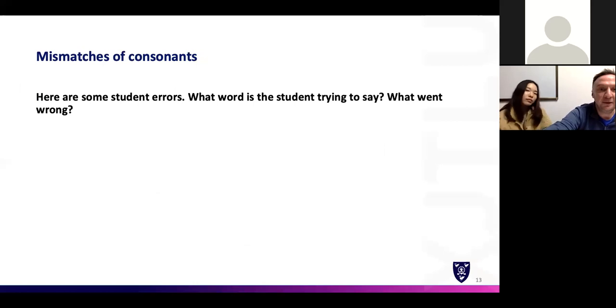Similarly, here are some errors with consonants. What word is the student trying to say? Day and doe. Now, if I was home in Ireland, I would hear the same mistake. But now Mitchell is right. So of course, these words are they and though. What's happening there?